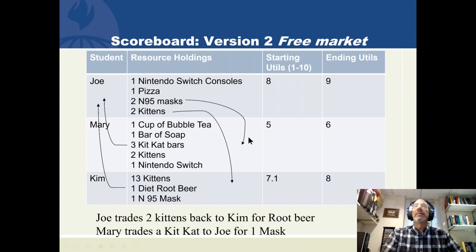After trading, we ask them, how are you? And Joe has moved up from 8 to 9. He's really happy with the Kit Kat bar. And Mary has moved from 5 to 6. She's really coming along. And Kim was very happy to get more kittens back. And so now she's up at 8. So everybody got some utility this time.